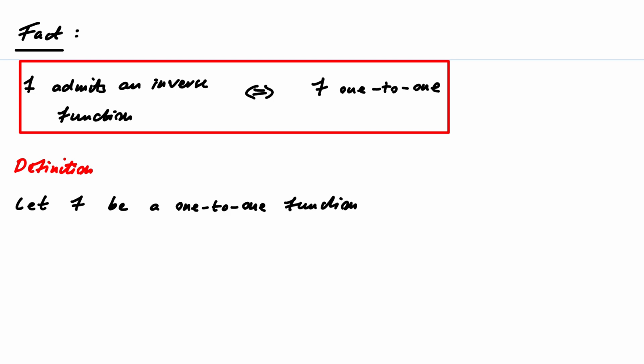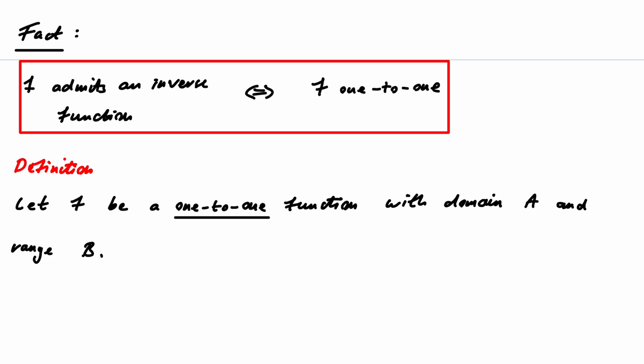We need that. If that's not the case, there's going to be no inverse because of this ambiguity about where things are sent potentially. And let's say with domain capital A and range B. So these are two subsets of the real numbers.